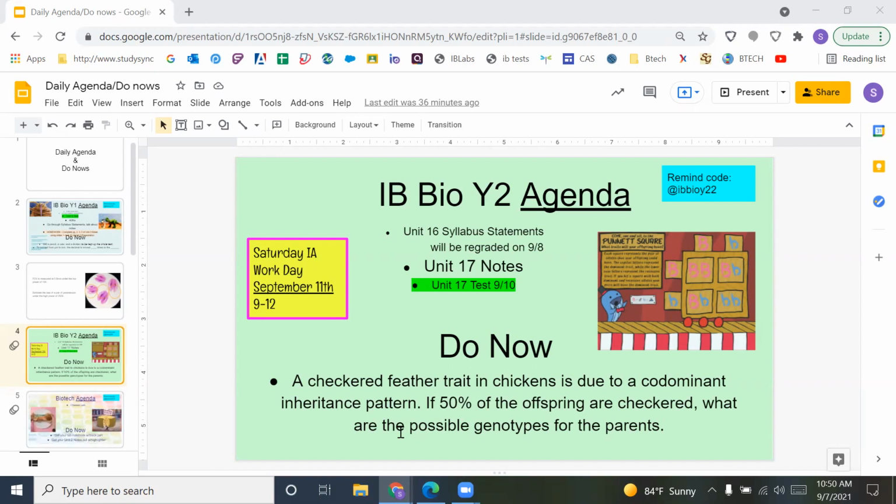Okay, if this is CB, this has to be CW. Okay, so one option of parents is we have CW, CW, and CB, CW. That would satisfy our option here. Okay, next one, what are we gonna do?